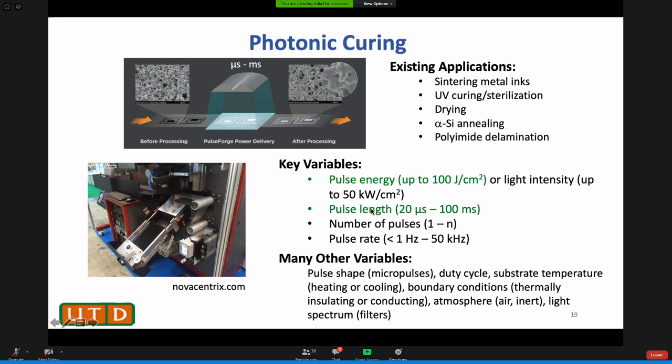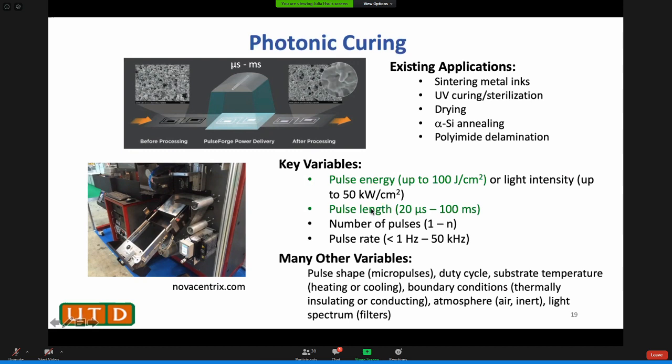Okay, so how does this work? You shine light on a film, and the film absorbs the energy, and this can happen very fast, in microseconds. The simulation I show you below has the light on for 500 microseconds, half a millisecond. So first, if the sample absorbs light, it will heat up, and then the light turns off. All that heat will gradually transfer into the substrate.